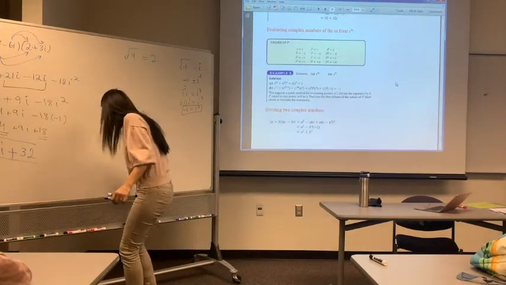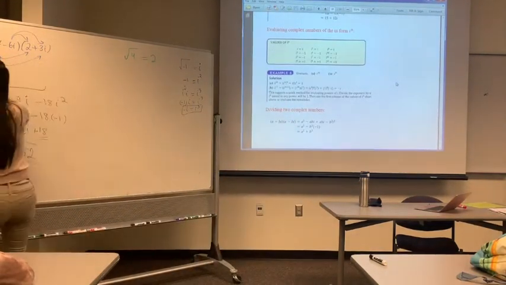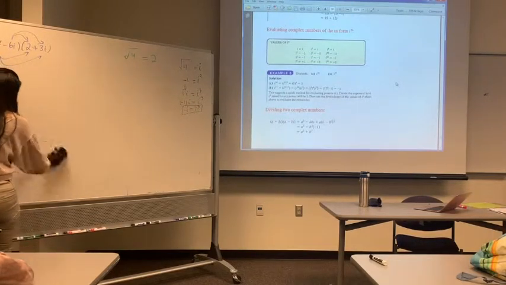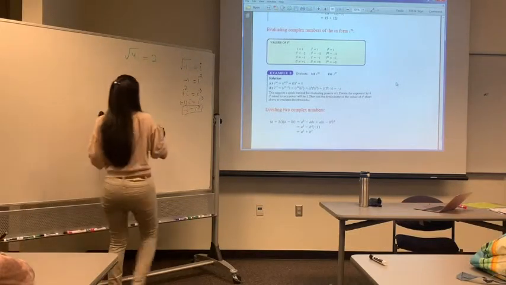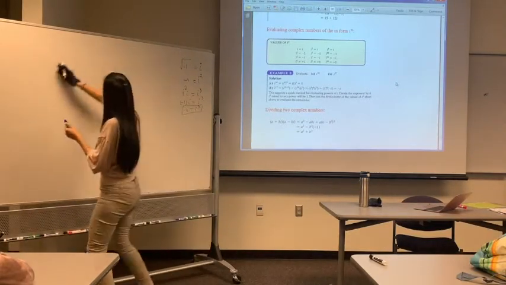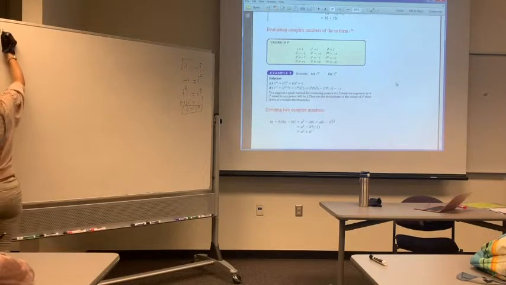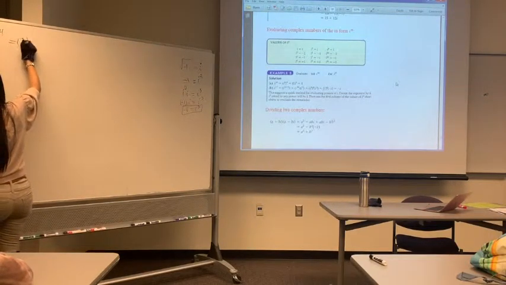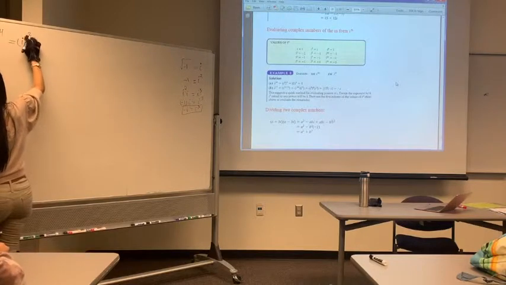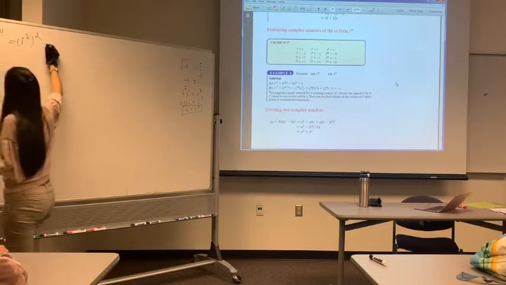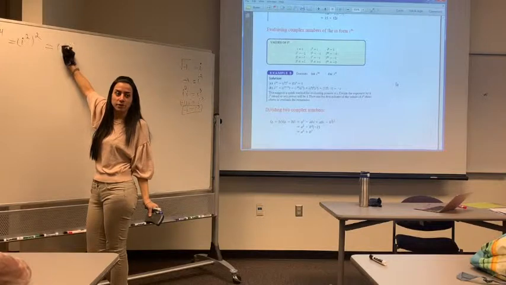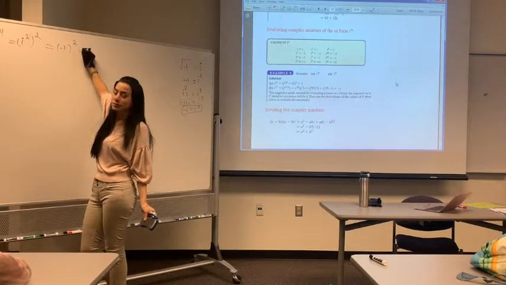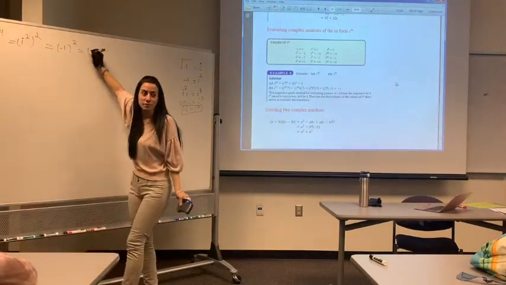Then i to the power 4 is i to the power 2, to the power 2. Correct? Right? Then i to the power 2 is negative 1, and negative 1 to the power 2 is 1.